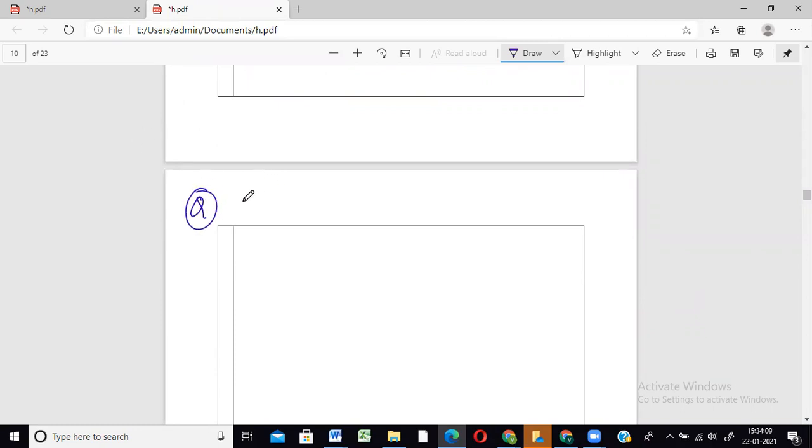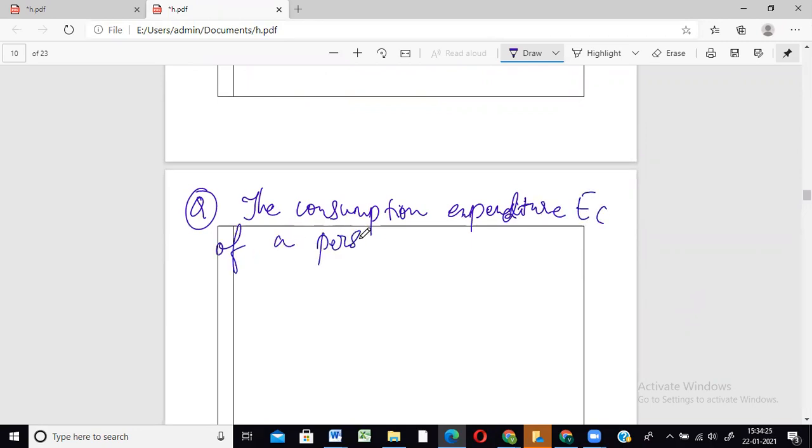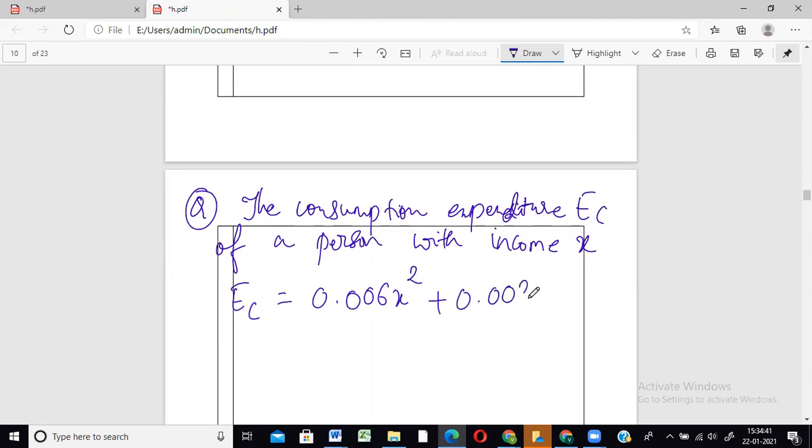The consumption expenditure of a person with income X is given by this equation: 0.0006x square plus 0.003x.